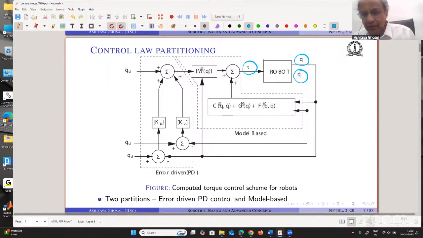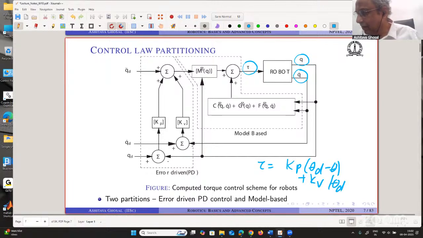Normal PID control is something like Kp into theta d minus theta plus Kb into theta d dot minus theta dot plus maybe an integral term.